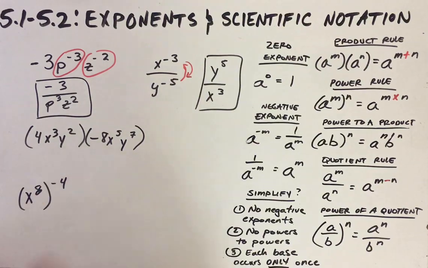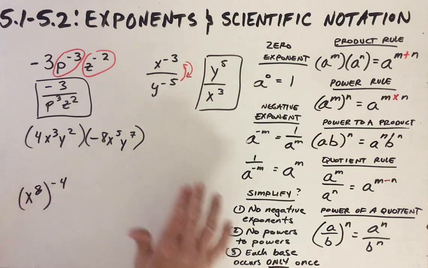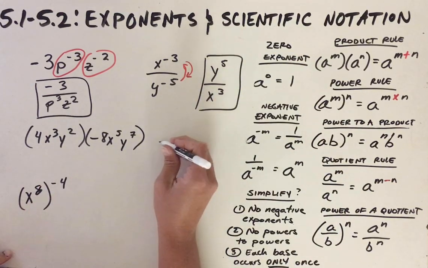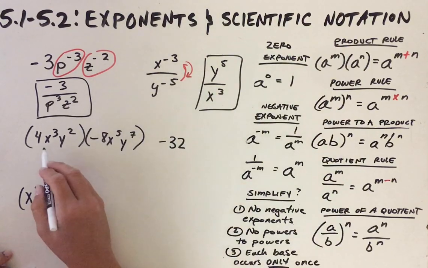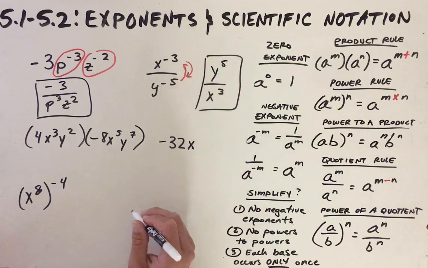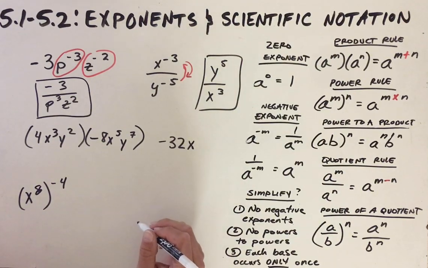All right, well, what about this one? Well, this is a big product rule, but it's fine. We know how to do all this. This literally says that I have 4 times x cubed times y squared times -8 times x to the 5th times y to the 7th. So it's all related to multiplication. No sweat. I can do 4 times -8. That's 32. Okay, x cubed times x to the 5th is going to give me x to either the 8th or the 15th.